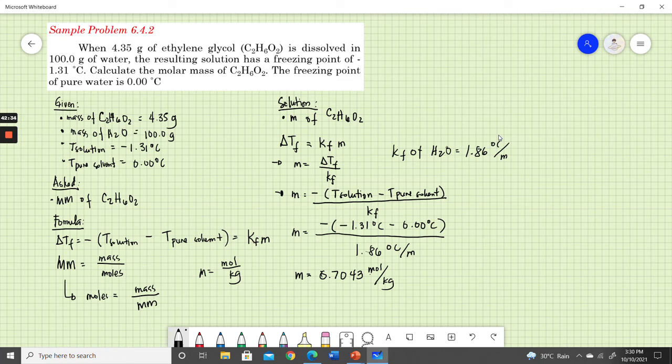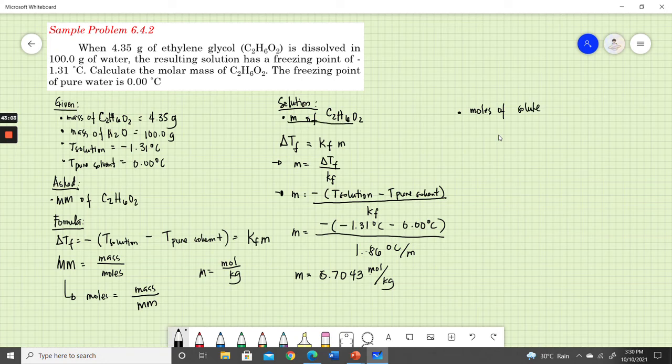Okay, so after getting the molal of C2H6O2, let's erase this. After getting that, we can now find the moles of the solute. Okay, so how do we find the moles? Here we find the molal.